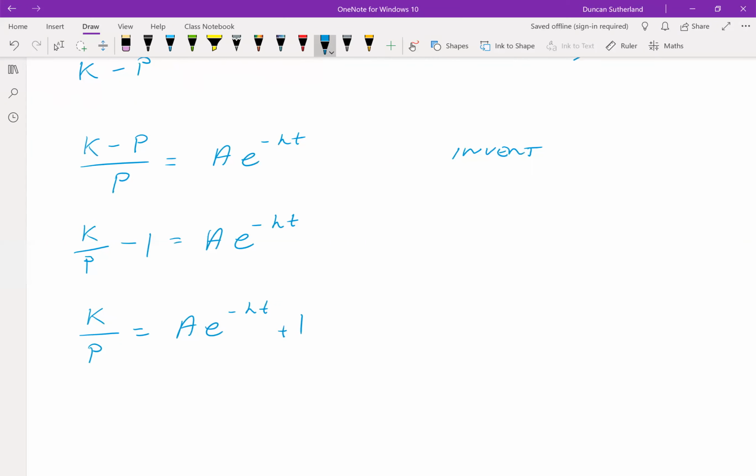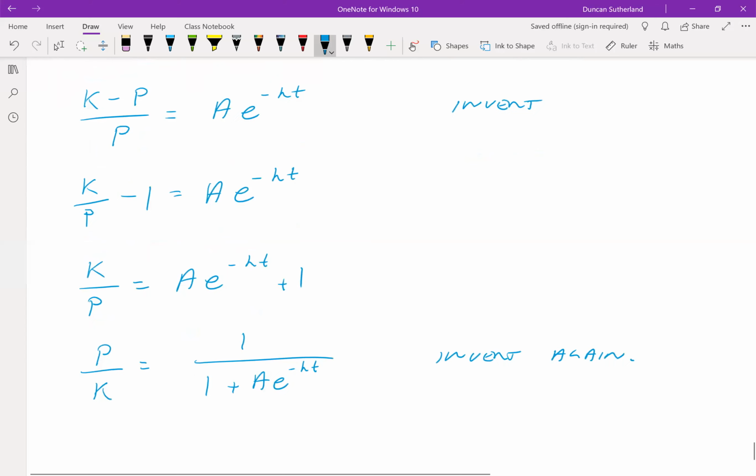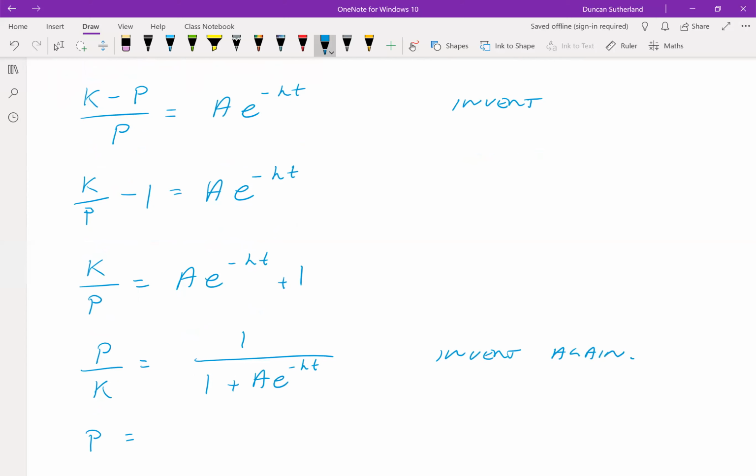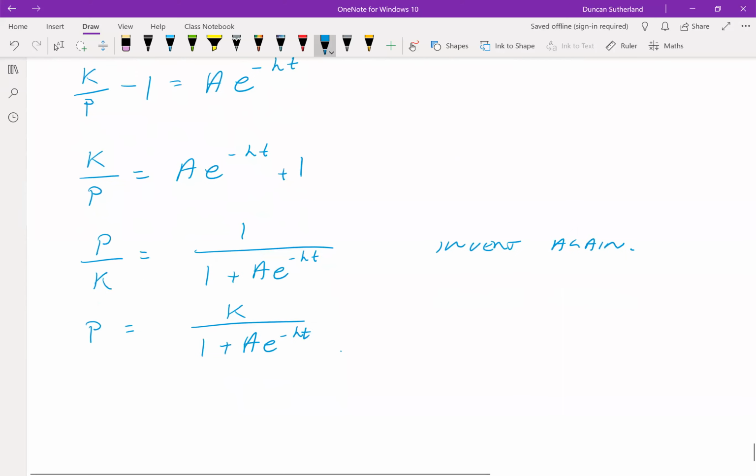Now we flip it on its head again. And that's what we get as our solution. Remember that A is a constant of integration, so this is the general solution.